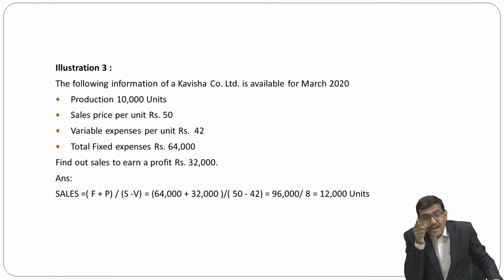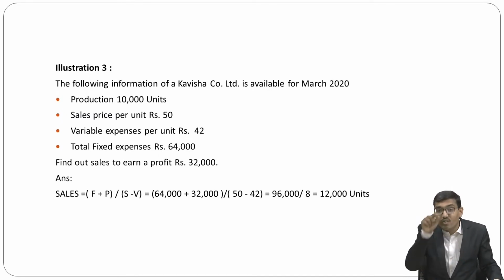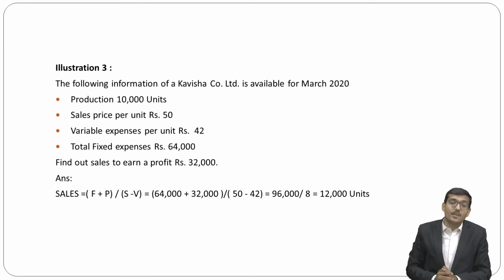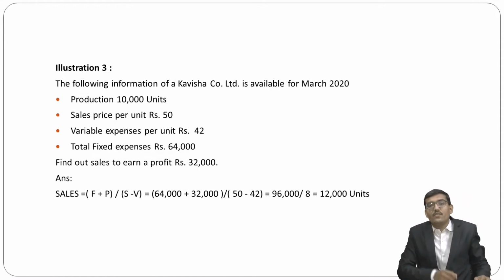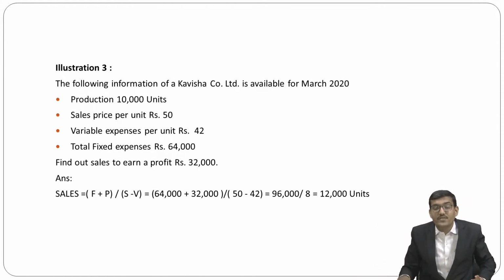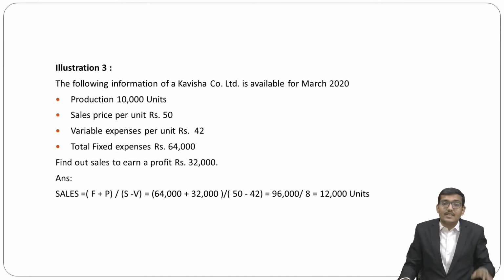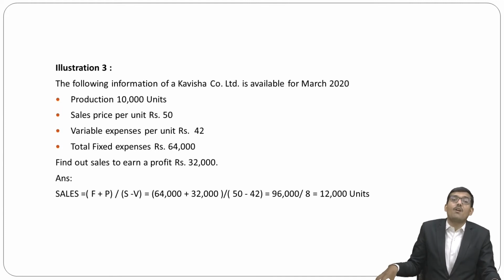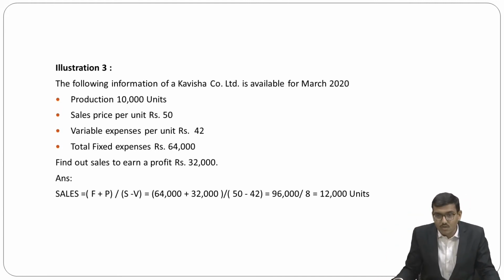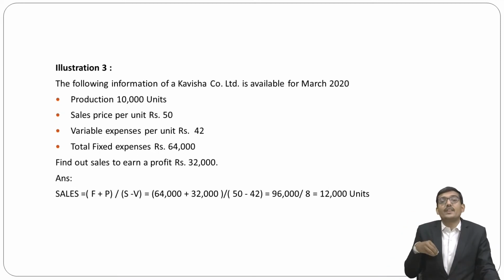Here we have to find out the contribution per unit. The question is why per unit? Because here the sale price per unit is given and variable cost per unit is given. The sale price is 50 rupees per unit and variable expense per unit is 42. So our contribution is 8.